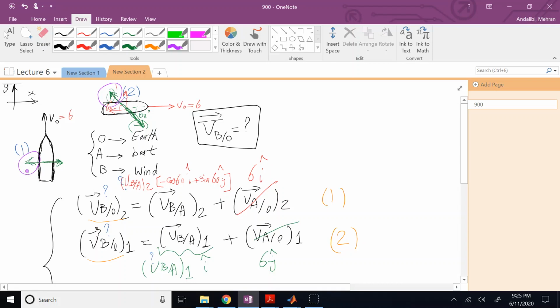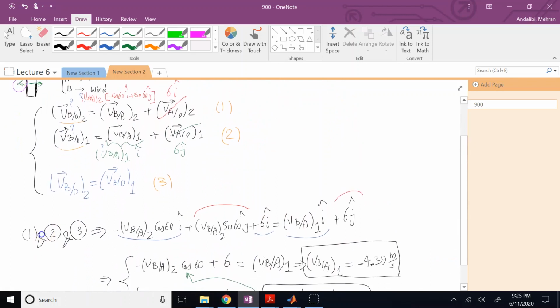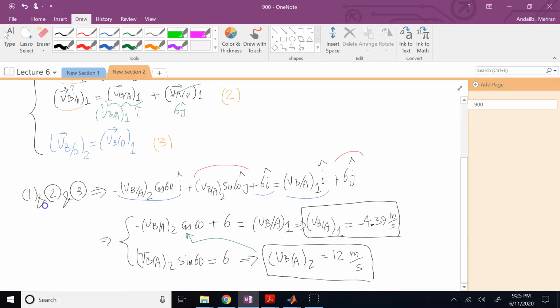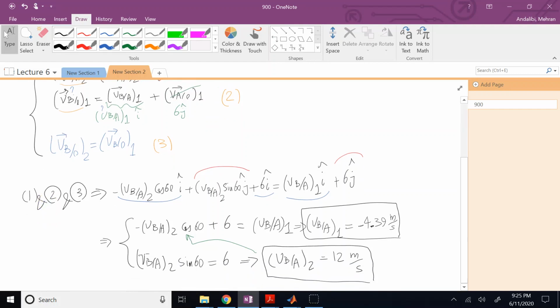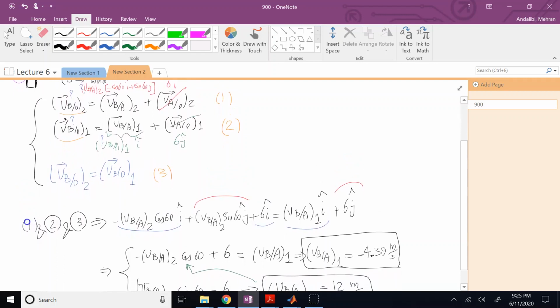Okay, now if I plug any of these two answers, any of them, back to equation 1 or 2, what do you think I would get? Yes, V of B with respect to O in 2 or 1, which should be the same thing. So I just need to plug one of these in one of the equations back. It does not matter. I can put this one back in equation 2.